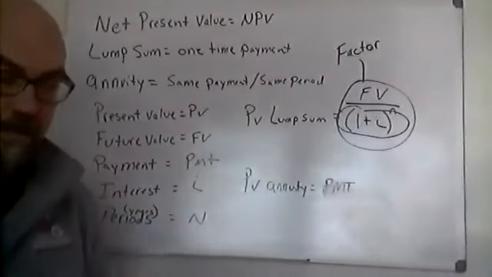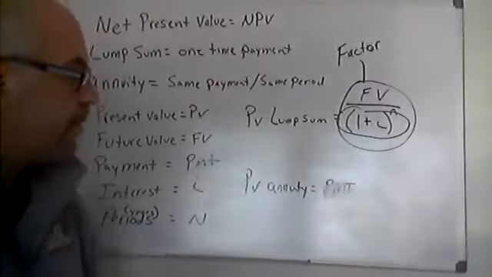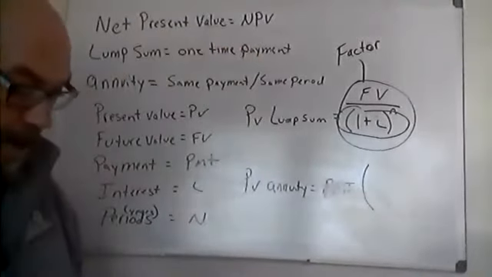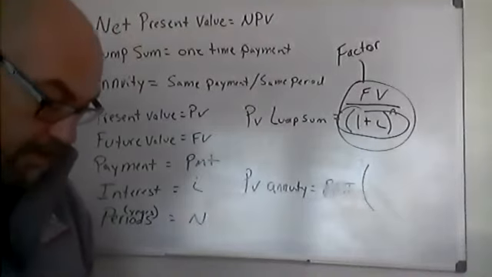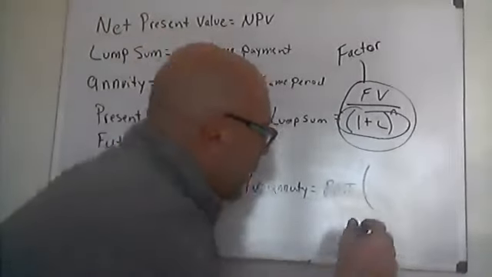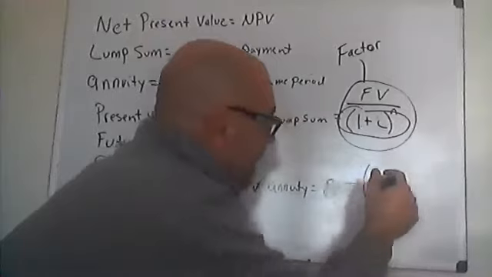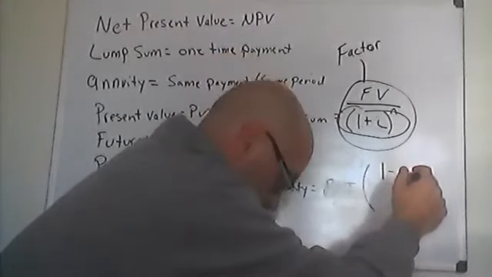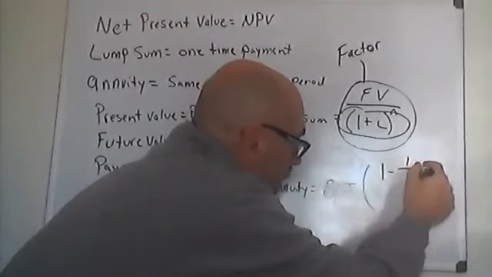If we want to find the present value of an annuity, this is the payment multiplied by, now this is an even more fun equation, but it's good we have a factor for it: 1 minus, divided by.